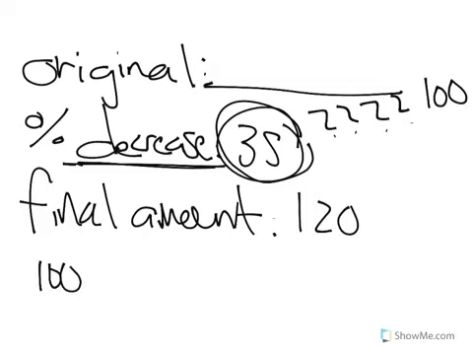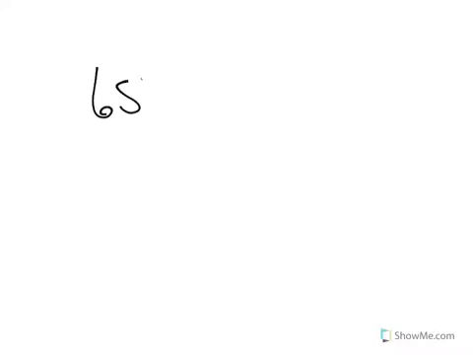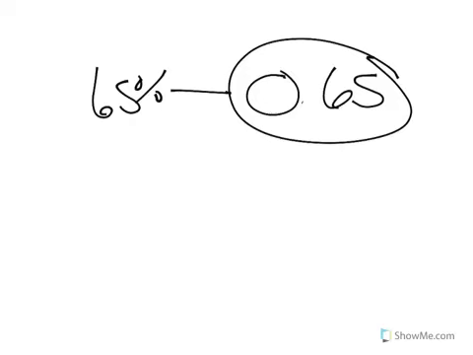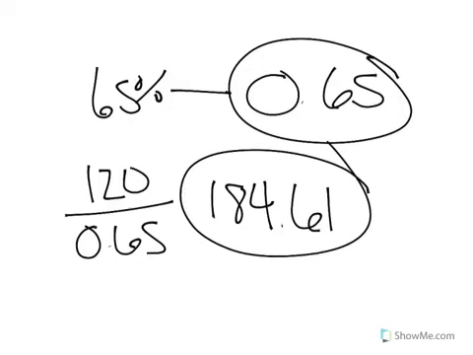So that's 100 minus 35 is 65%. Okay, so 65% is 0.65, and all we do is take our final amount, that was 120, and divide it by 0.65. So 120 divided by 0.65 is 184.61, and that is your original price.